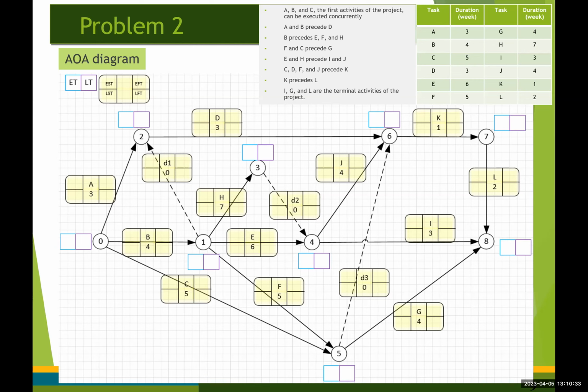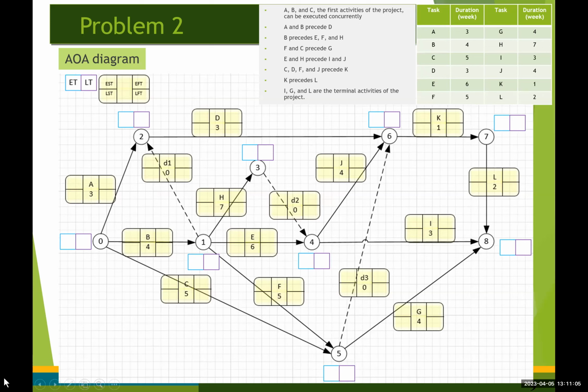So if you utilize more dummy activities, what's going to happen is later it's going to have a negative impact on the size of your LP model, right? So just make sure your AOA network diagram uses the smaller number, I mean the minimum number of dummy activities if possible, okay?